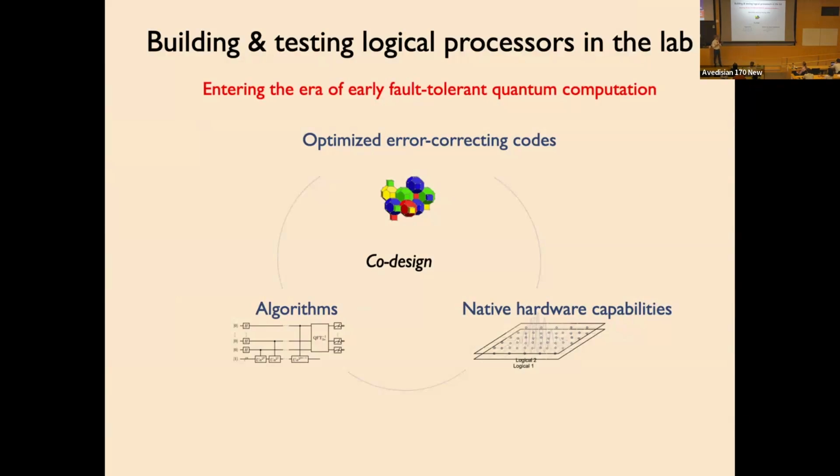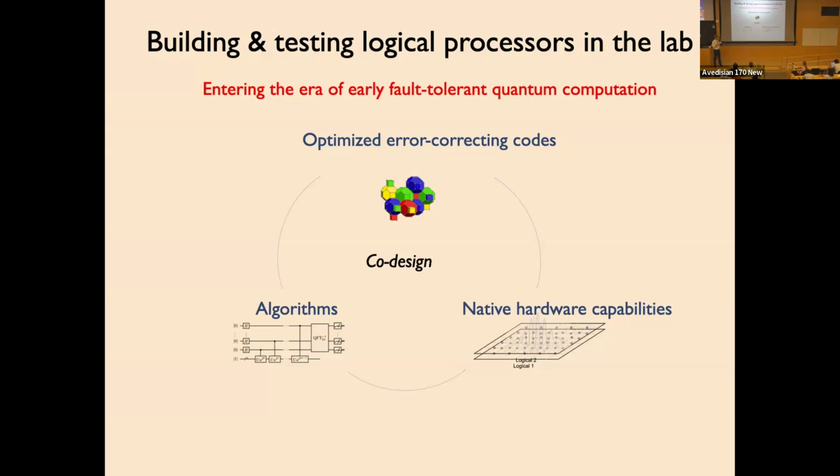Suppose you have certain tasks, for example you want to explore some algorithm. You have a choice of which error-correcting code to pick to execute this algorithm. You also have a choice of how to compile your circuit, and eventually how to implement it.